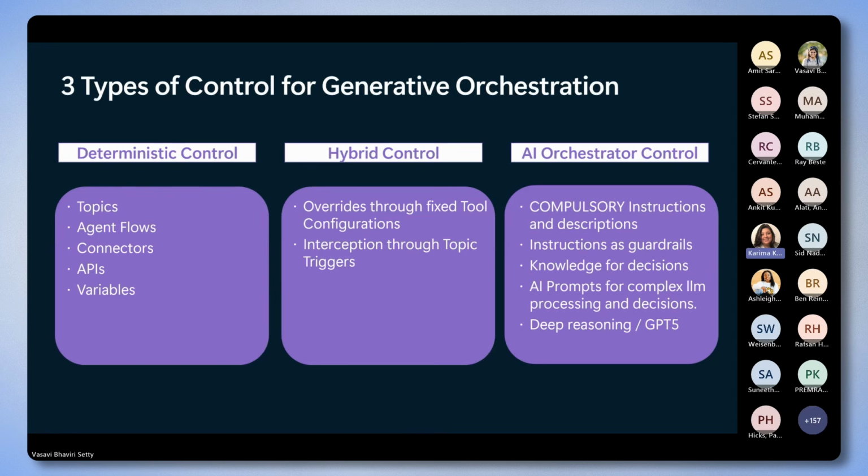There are really these new features that allow you to make generative orchestration work for you in a hybrid controlled way. Now generative orchestration can be used to call a topic, but we also have a new feature where a topic can call the generative orchestrator. So now you can go both ways and have a flexible design for control when you need it, AI when you need it, and not do any extra work that you don't have to.